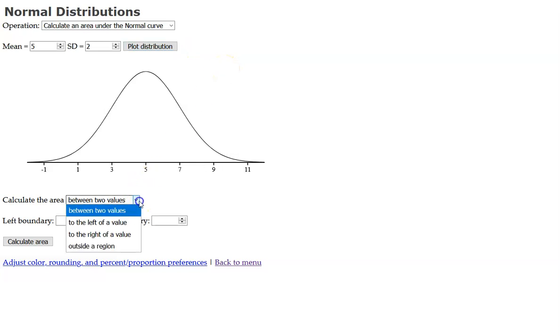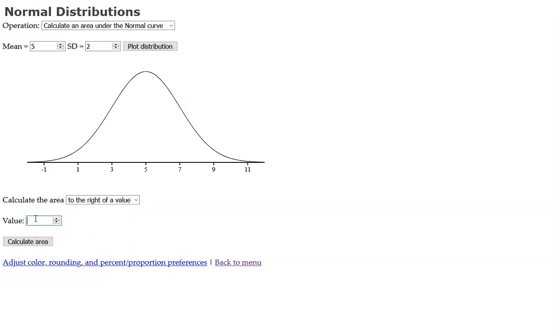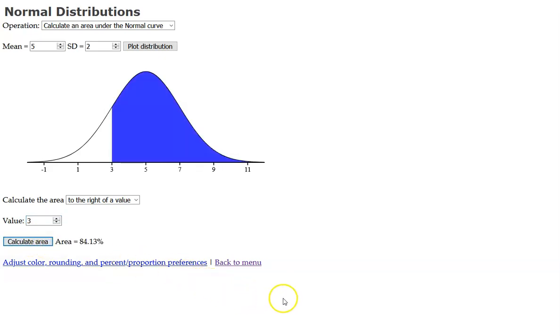So I want at least 3, to the right of 3. Because we average 5. And that is 0.8413, 84.13%.